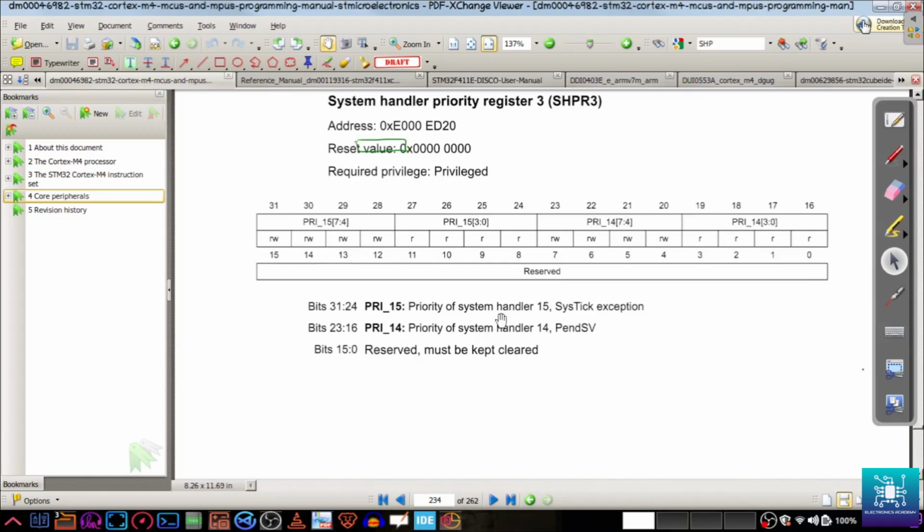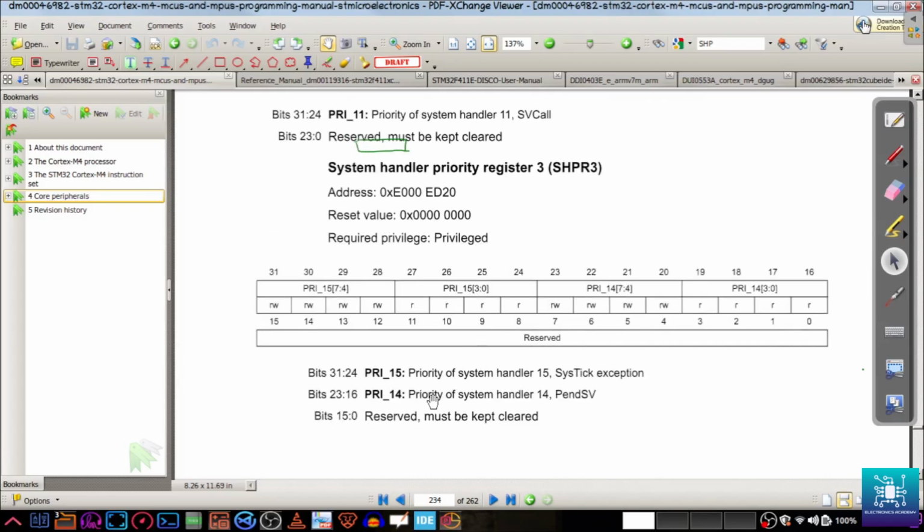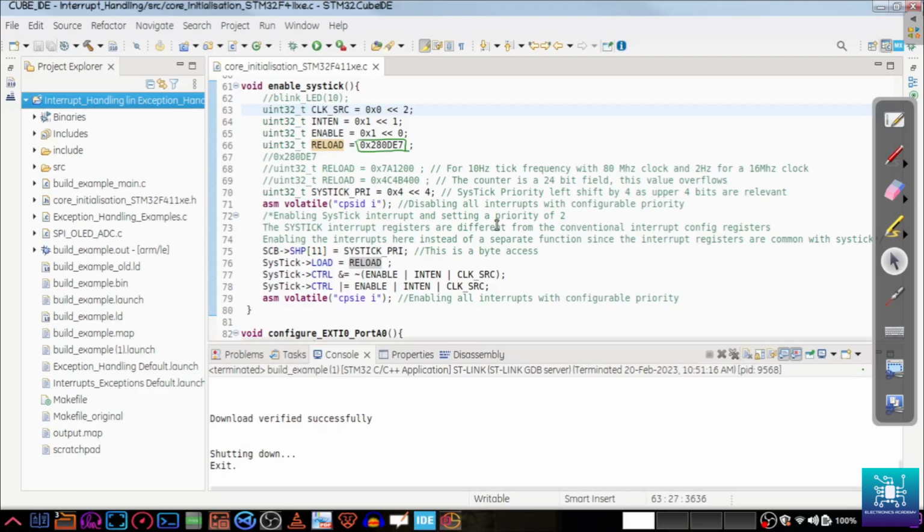So obviously our Systick exception is in the 12th position. So this is the 11th byte if you consider it a part of an array. Okay. So now that is what is going on here.